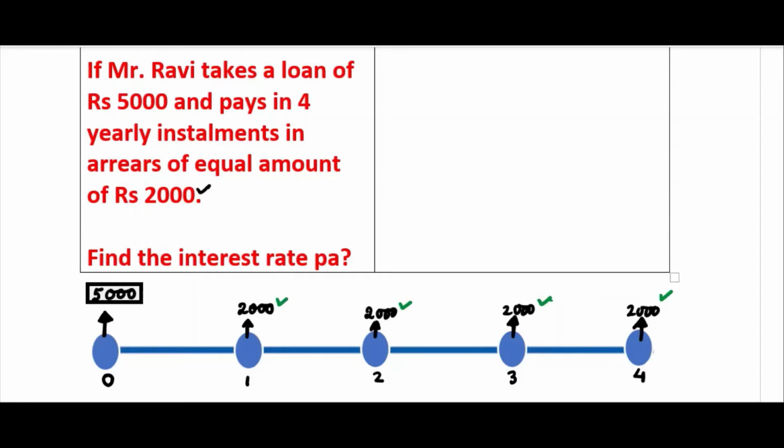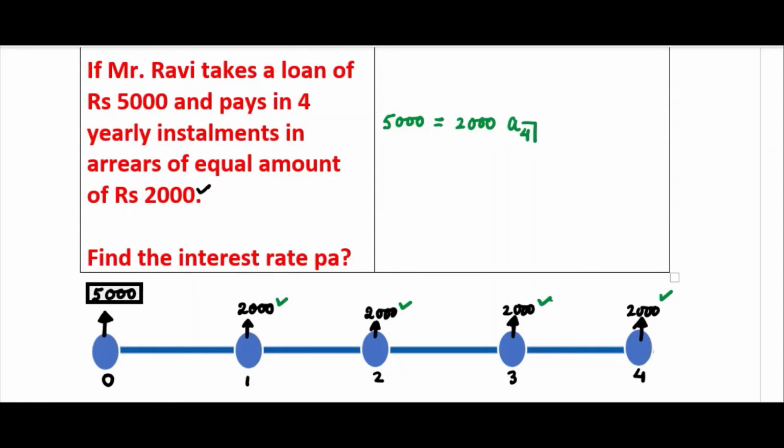But we'll use an annuity because they are equal. So I can write this way, 5,000 is equal to 2,000 A4. Nothing else, 2,000 A4, that's all.